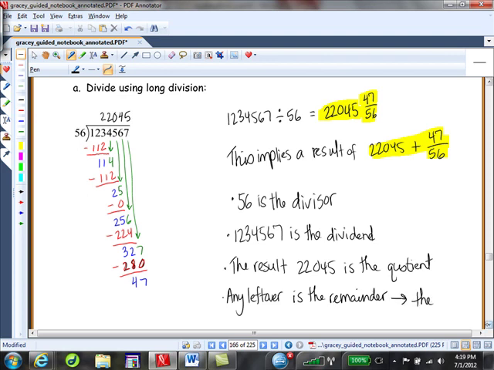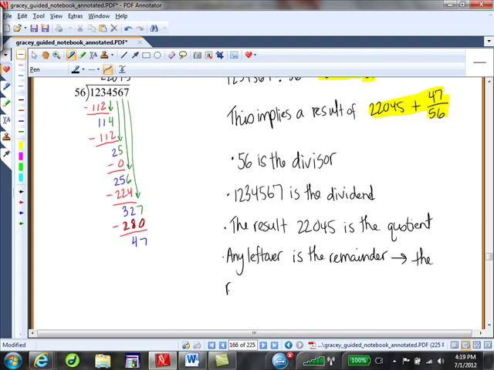The remainder goes over the divisor, okay, like we did there. 47 was the remainder, right?